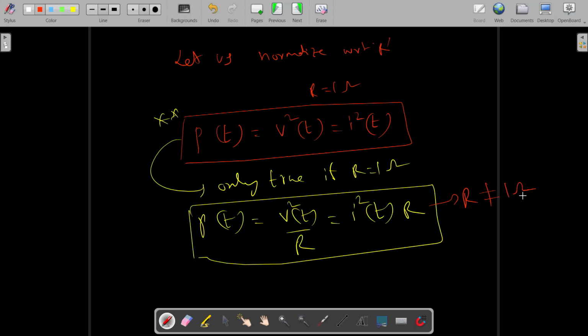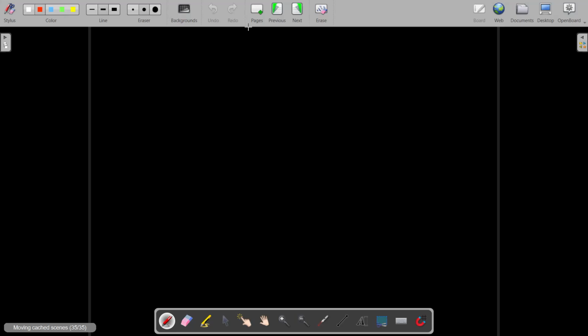Okay, let's go to the next slide. What is the relation between power and energy? Power is nothing but the rate of change of energy with respect to time.